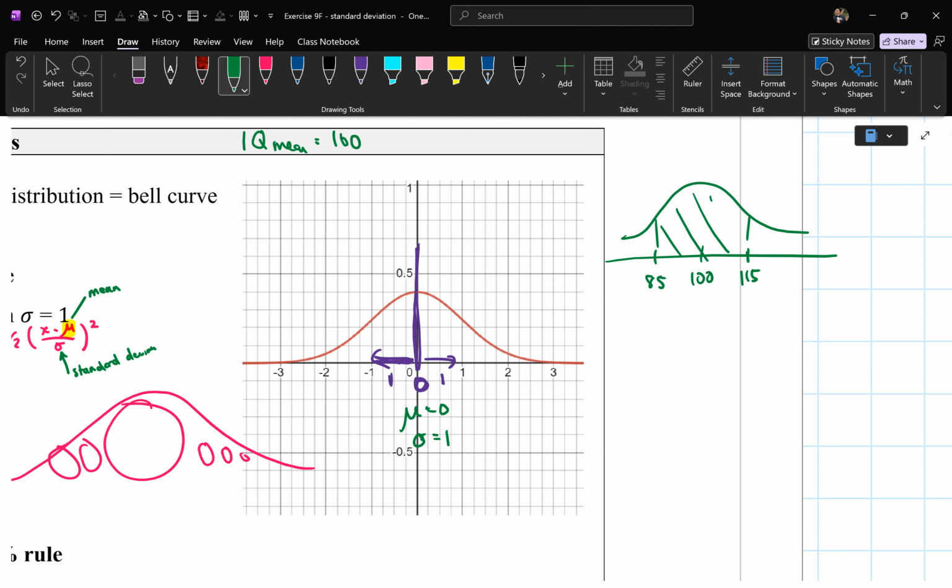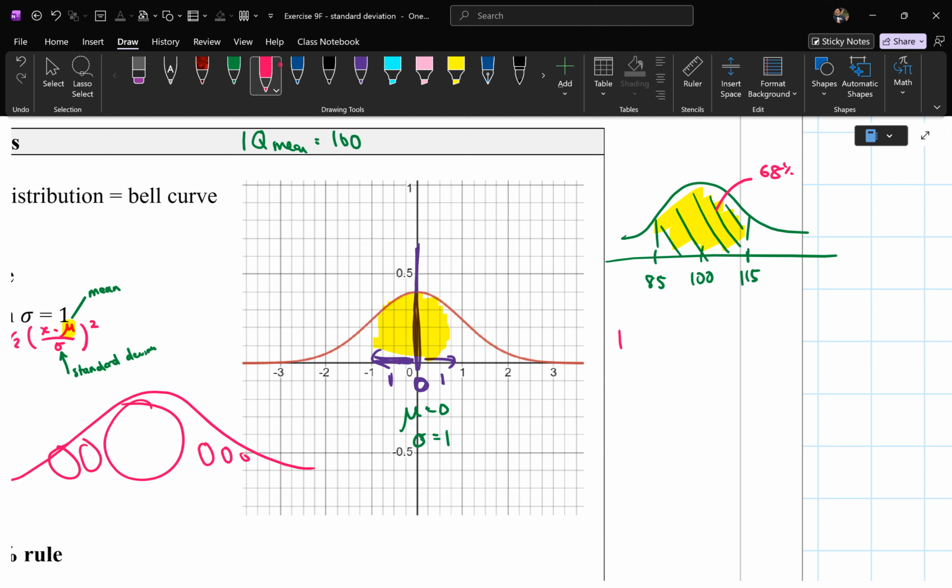What they found, using calculus and all that, is that the probability of that occurring, which actually represents the area, the probability of picking someone that has an IQ of 85 to 115 is roughly 68% of the data. And that's the definition: one standard deviation to the left, one standard deviation to the right.